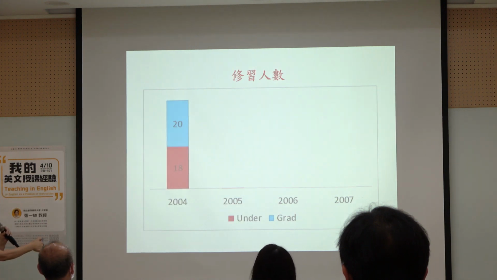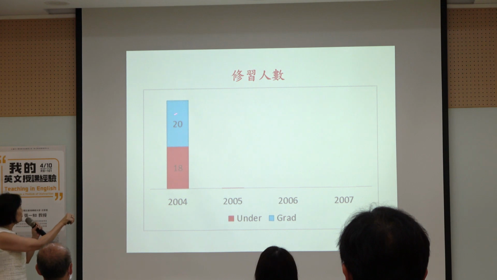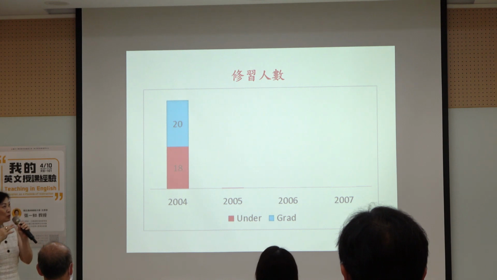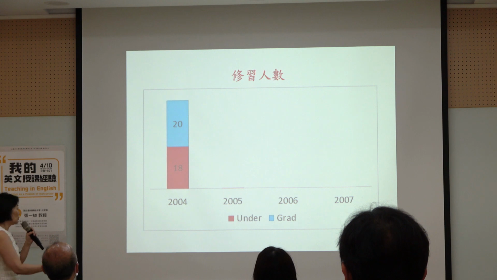So what happened? This is the first year, 2004. I have 20 graduate students and 18 undergraduates. This course is for undergraduate and graduate students. For graduate students, it's not a required course, it's an elective course. But graduate students have to take some inorganic core elective courses, so they have more motivation to take this course, and some undergrads will take it.